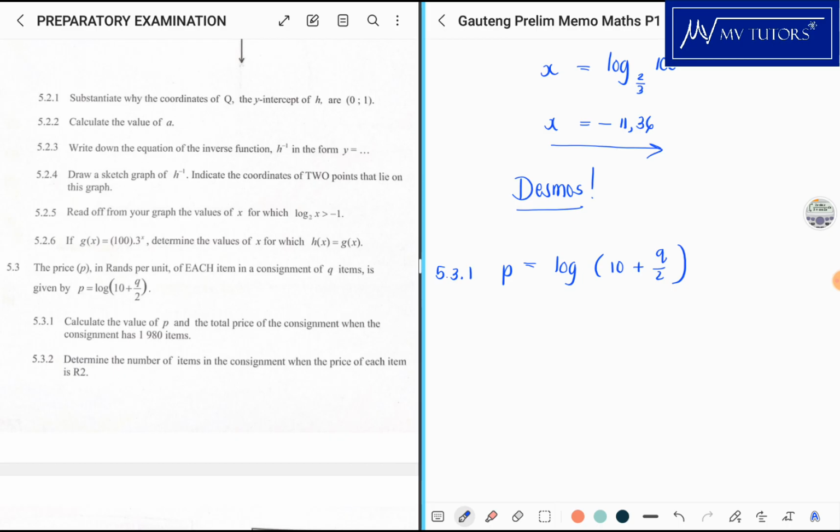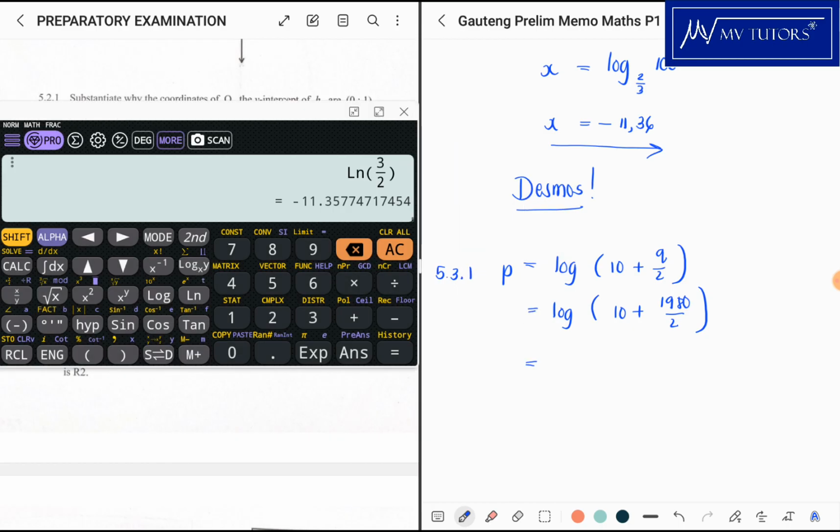We want the value of P, the price in rands per unit. What we have here is Q, which is the number of items. So we have 10 plus 1,980 divided by 2. I'm just going to put this into the calculator.